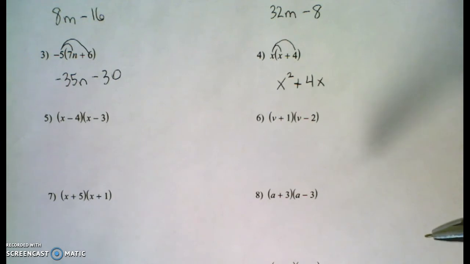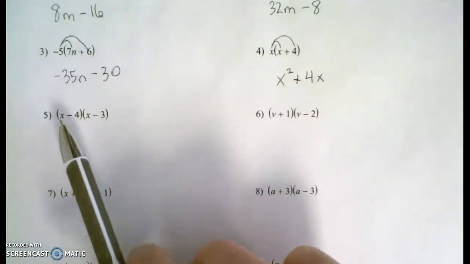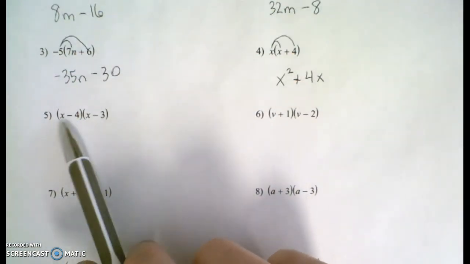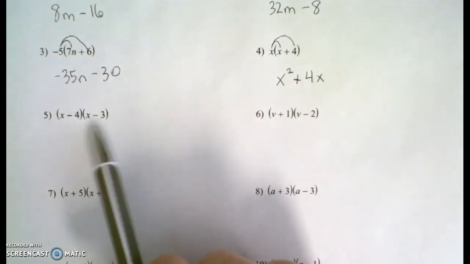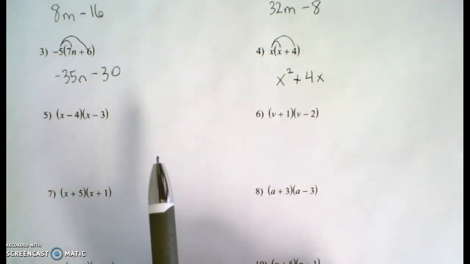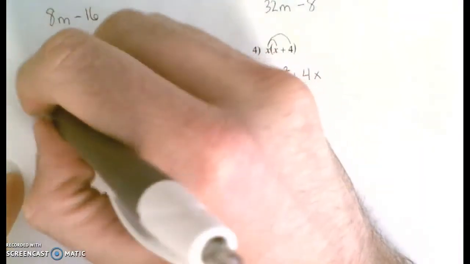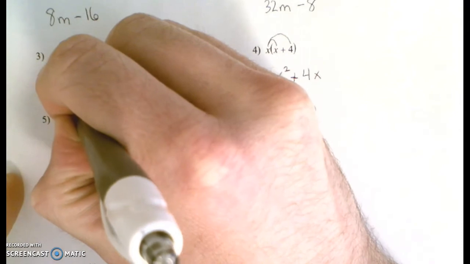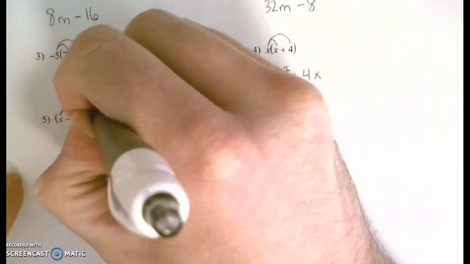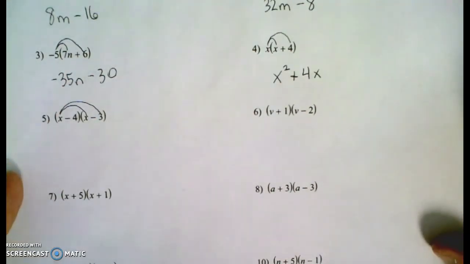But what's happening in this problem is that you're distributing both of the things in the first set of parentheses to both of the terms in the second set of parentheses. So again, I'm going to use the rainbow idea because that helps me keep track of what's happening. So I'm going to multiply the x times both things in the first set of parentheses.